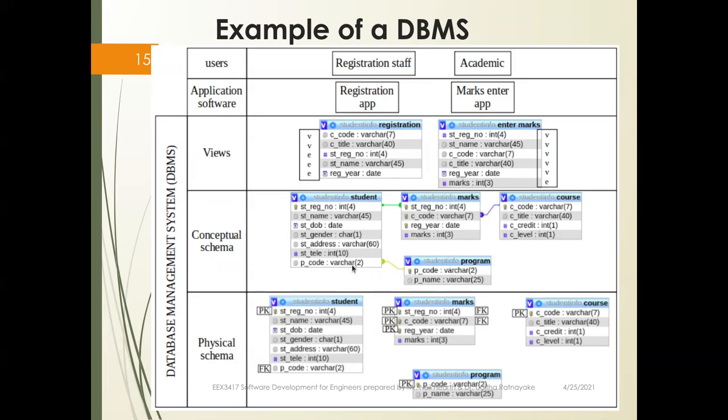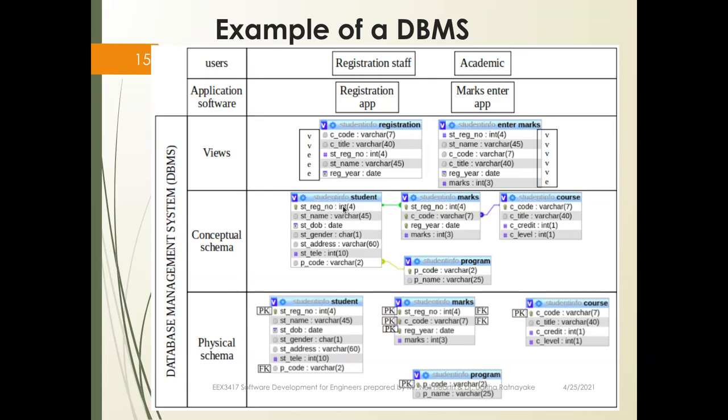Here the data type and the length should be the same for the primary key and the foreign key. If it is different, we cannot give relationships in the DBMS.